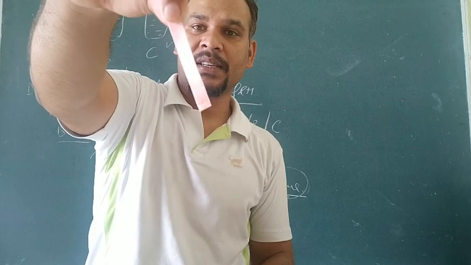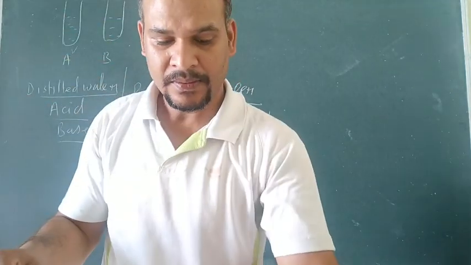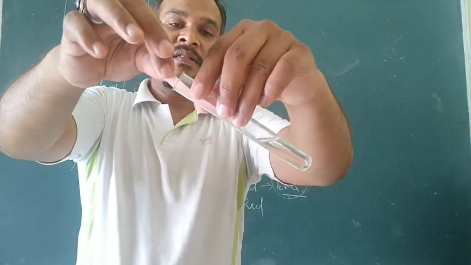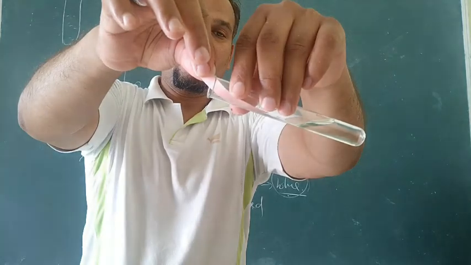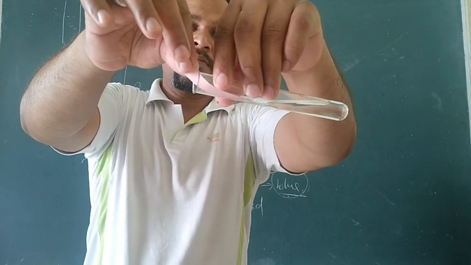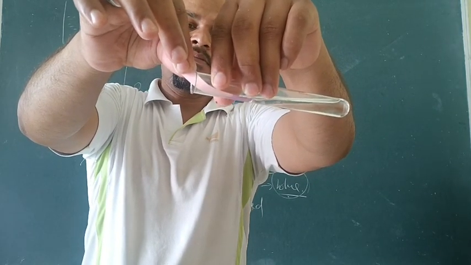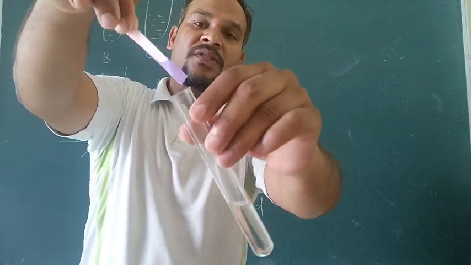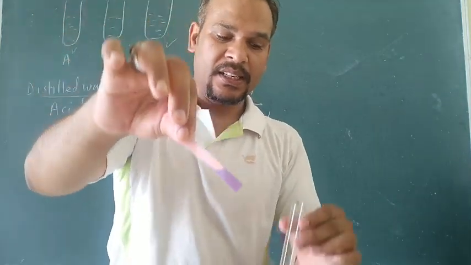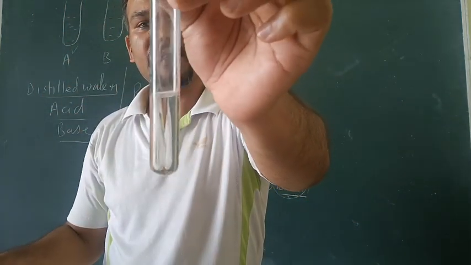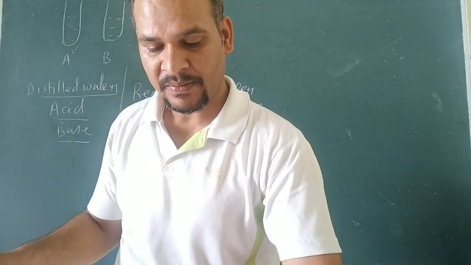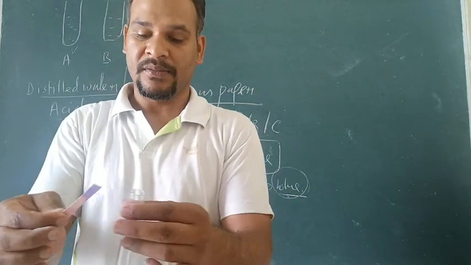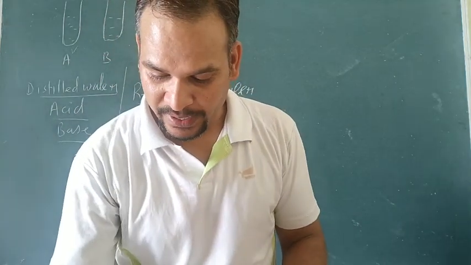It is not changing the color. Now coming to the next, now the color has changed. So we can say solution B is a base. Now if we turn to C, I have another litmus paper strip.